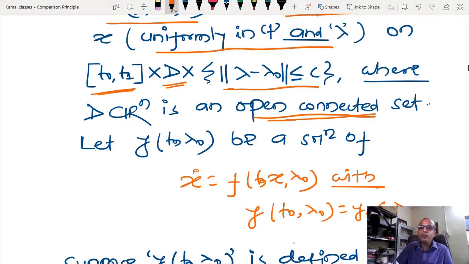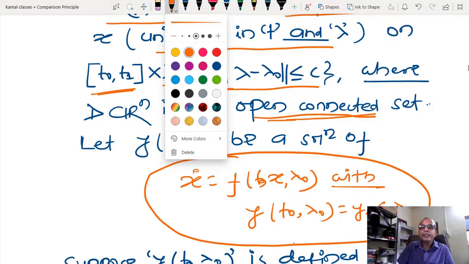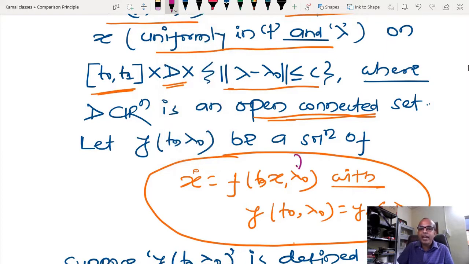I have already defined the meaning of open and connected set. After that, suppose y(t, lambda_0) is a solution of this equation. Whenever we build some kind of mathematical model, I have already told you that we have certain parameters, and that parameter I am calling lambda_0.